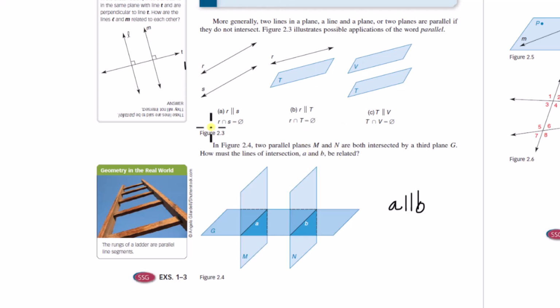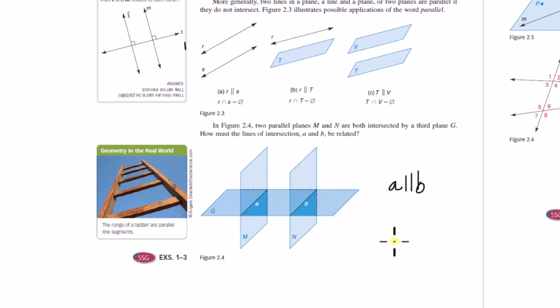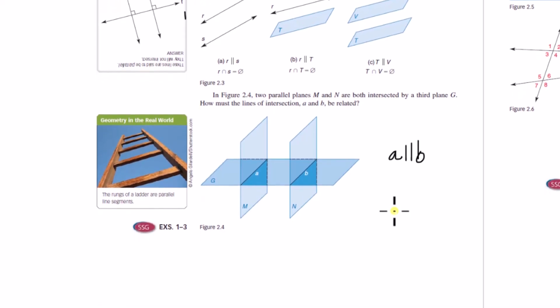If we want to indicate intersection, we say R intersect S is the empty set. There is no intersection. R intersect T, there's no intersection. T intersect V, there is no intersection. Here, let me start here.